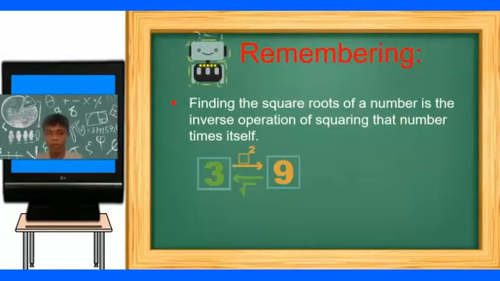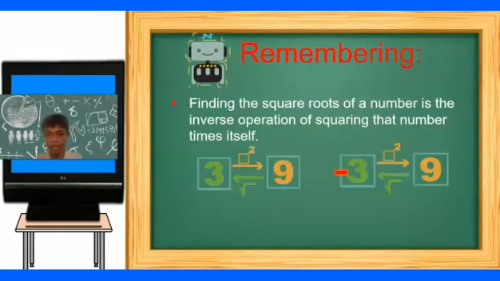Pag kinuha mo yung inverse ng 9, kinuha mo ang square root ng 9, the answer is 3. Paano natin nalaman na 3? Di ba, mag-iisip ka ng dalawang number whose product is 9. So, ang alam naman natin is 3 times 3. So, alam na yung dalawang number is 3. So, ang square root ng 9 ay 3. So, meron din tayong negative. Bakit merong negative? If you recall, negative times negative, the answer is positive.